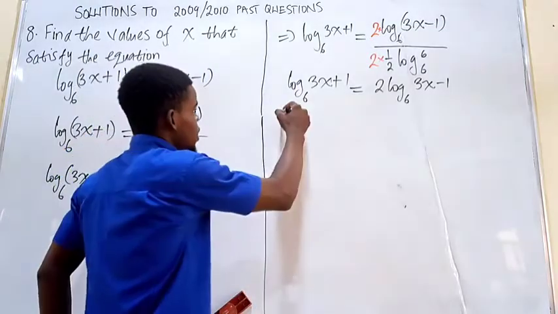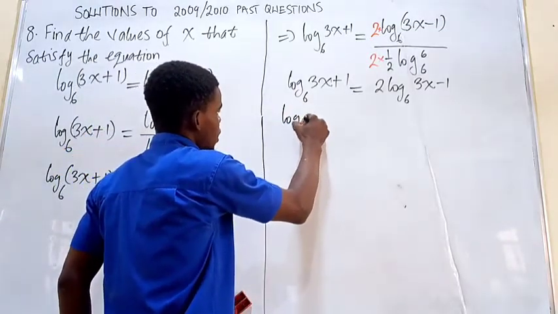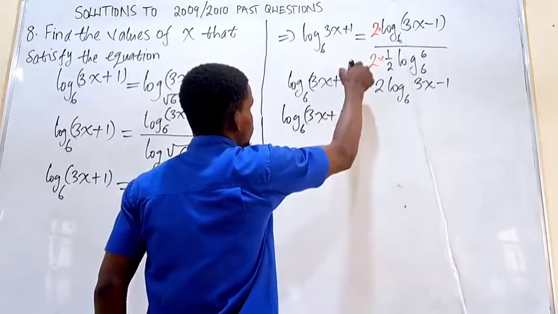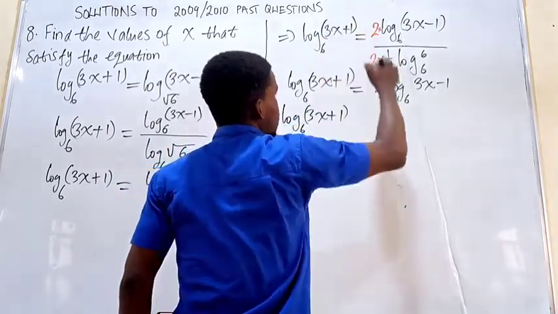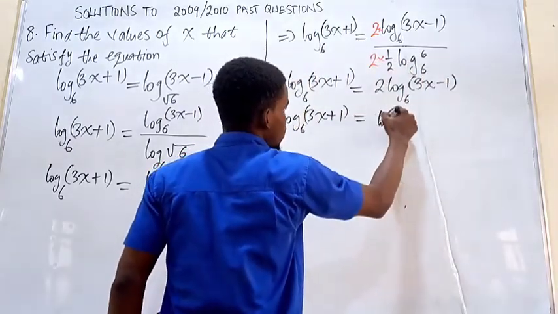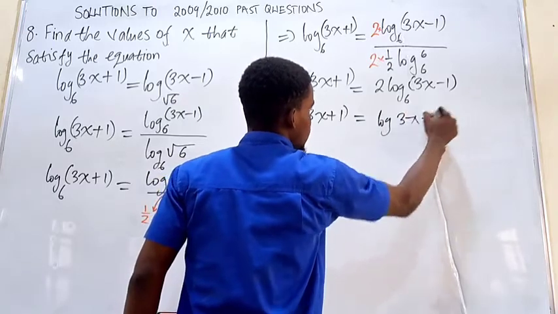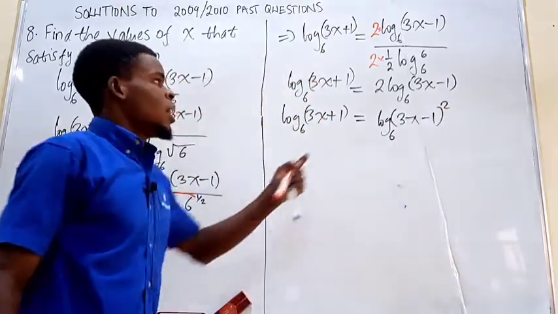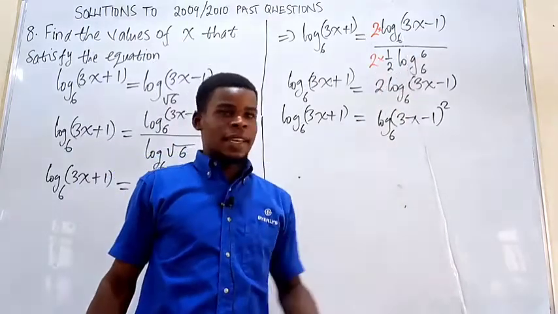The next thing is to look at this as 3x plus 1, and on the right-hand side as the logarithm of 3x minus 1 to base 6, and I just square that. That is, I bring the 2 upward again.